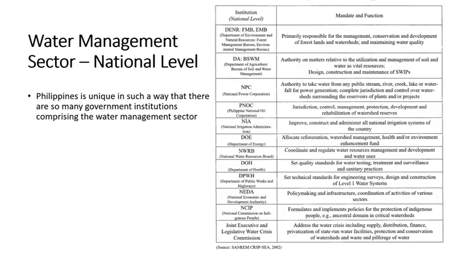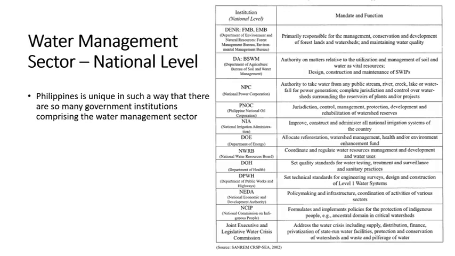So you have your EMB, FMB, Bureau of Soils and Water Management, National Power Corporation, PNOC, NIA, DOE, and WRB, DOH, DPWH, NEDA, and CIP, and even the Water Crisis Commission. Okay, so this is a dizzying list of government institutions.